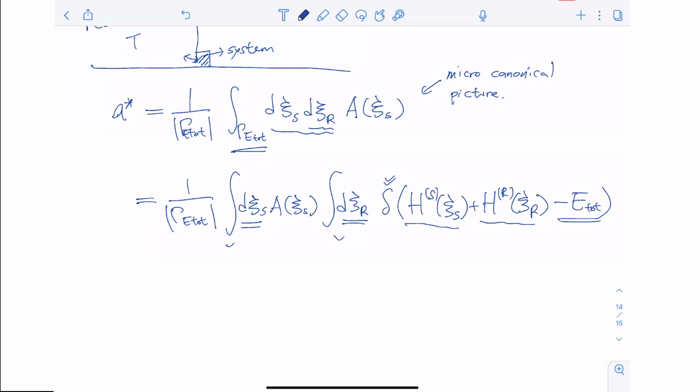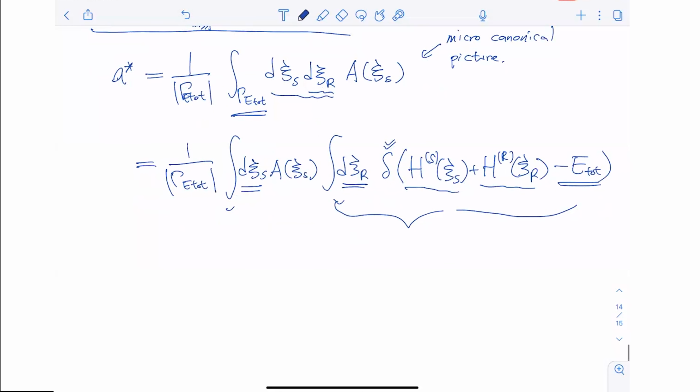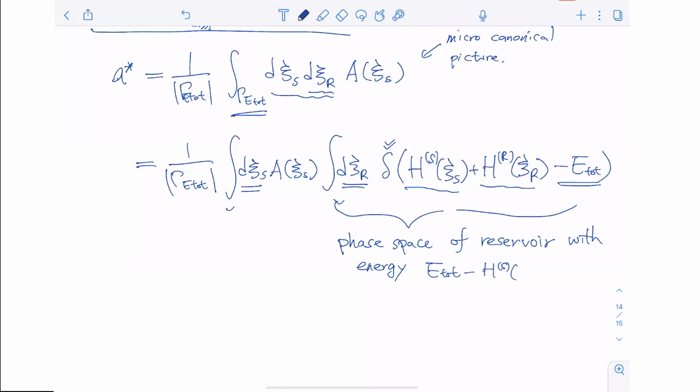Okay. So as we mentioned, if we try to interpret it in this way, then this integral is equivalent to saying we are evaluating the phase space volume of the reservoir, which is equal to the total energy subtracted by the energy of the system.